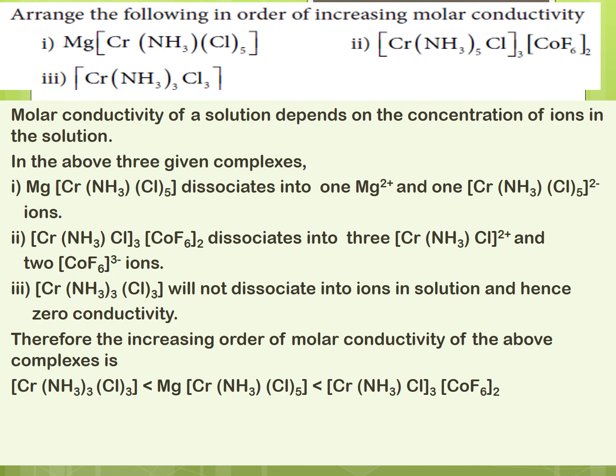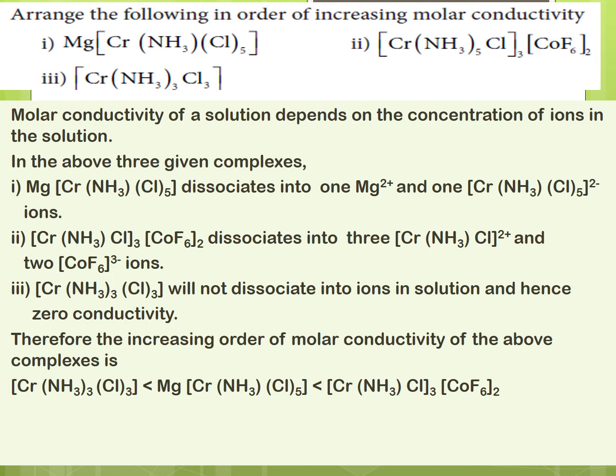The first complex is a simple cation, magnesium, and the complex anion [Cr(NH3)Cl5]. In the second complex, the cation is also a complex and the anion is also a complex. The first complex has one simple cation and one complex anion.